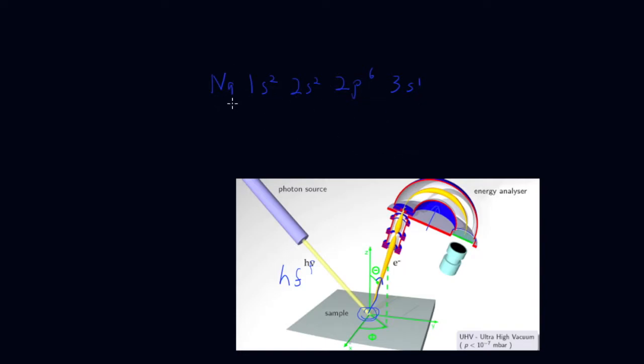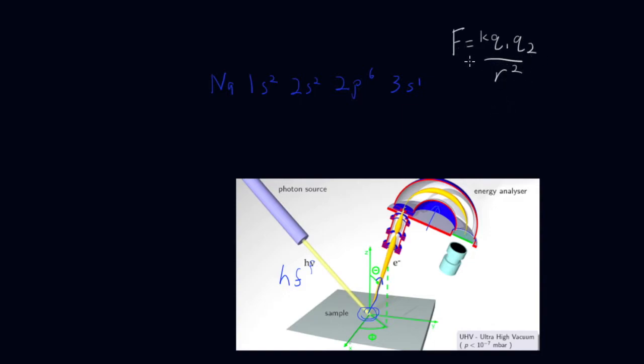Now, what's going to be the highest energy level for sodium? What's going to have the most energy of these electrons? In other words, which electron is going to be the most difficult to strip away here? So what we're really asking is which electrons are going to be the most difficult to pull away? Well, the electrons that are the closest to the nucleus, right? So if we remember Coulomb's law, F equals k q1 q2 over r squared.